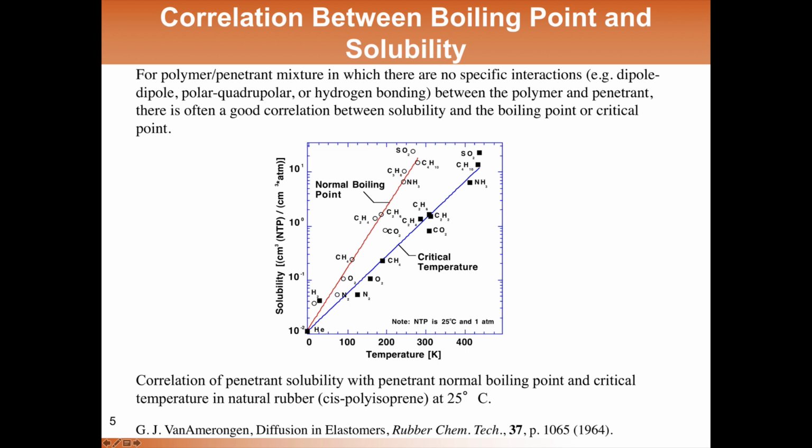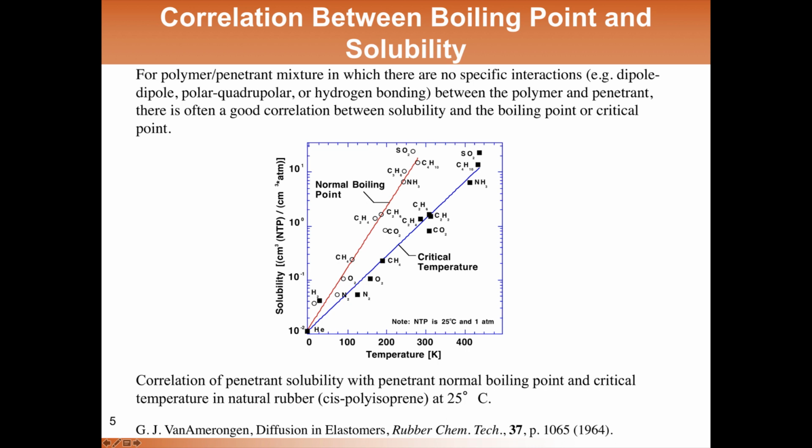Like the boiling point, the higher is the boiling point, the more condensable the gas is. That is, at ambient conditions, high boiling point materials condense readily. Low boiling point materials do not. Similarly, high critical temperature materials have high solubility and high condensability, and low critical temperature materials have very low condensability and then low solubility in rubber, in this case isoprene, but also in other polymers and in liquids.